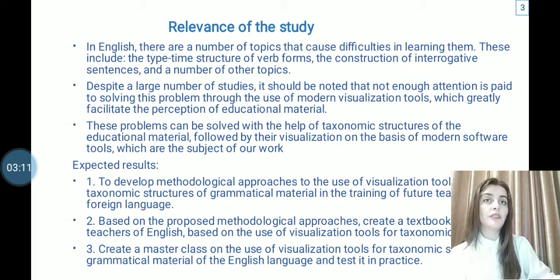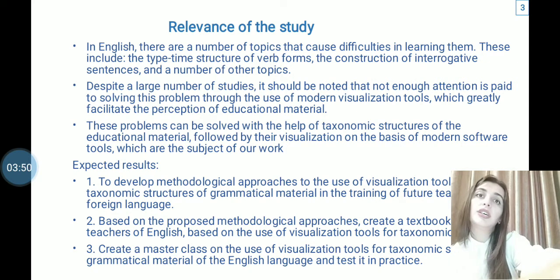Expected results are developing methodological approaches to the use of visualization tools for taxonomic structures of grammatical material in the preparation of future foreign language teachers, creating a teaching aid for future English teachers based on the use of visualization tools for taxonomic structures, and creating a masterclass on the use of visualization tools for taxonomic structures of the grammatical material of the English language and testing it in practice.